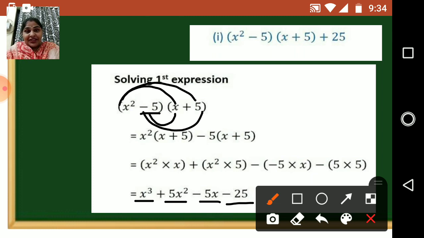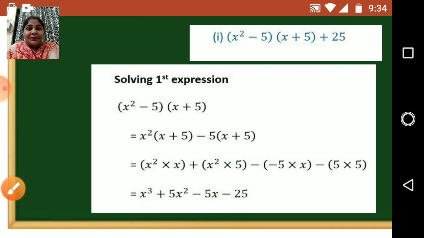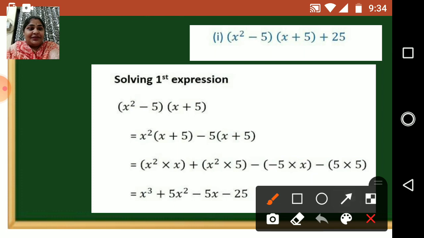So this is your expression, children, after simplifying the first expression: x cube plus 5x square minus 5x minus 25. Now in this we have to just add 25, that is plus 25.